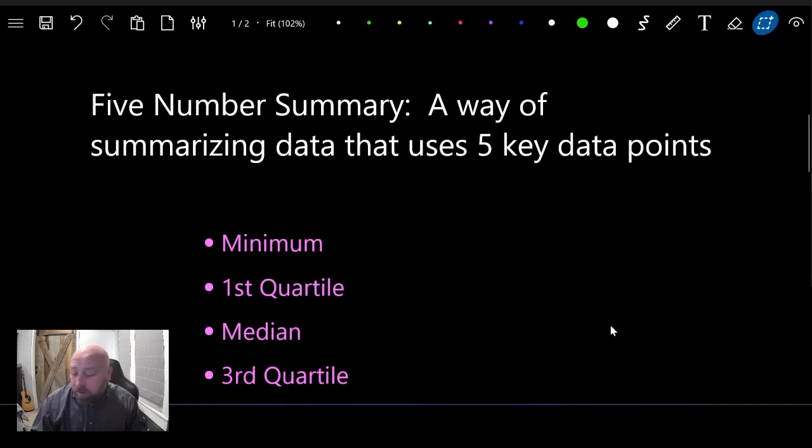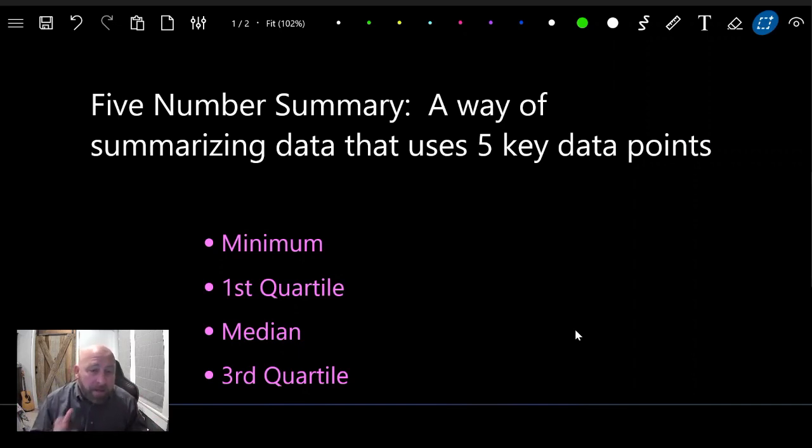The 5-number summary is the next thing that we need to talk about before we get to box and whisker. This is a way to summarize the data. So that data that's spread out, maybe it's clustered, maybe it's very spread out, maybe it's uniformly given to you.